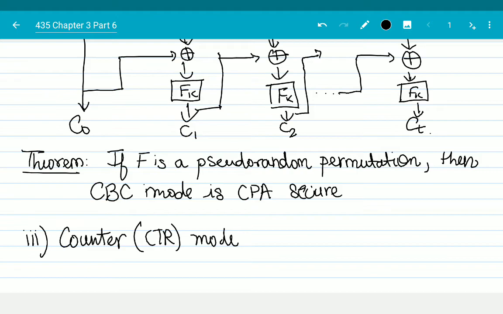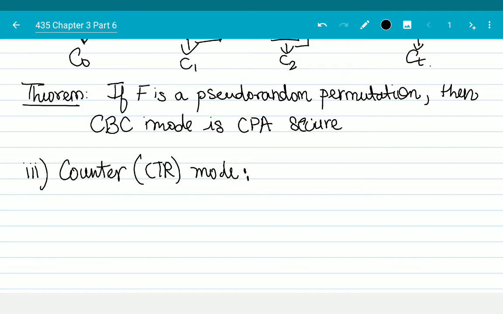I said that it will be shorter, but this is also pretty long. Well, okay, I won't prove this one right now then.